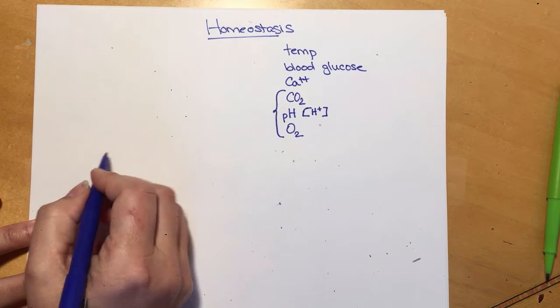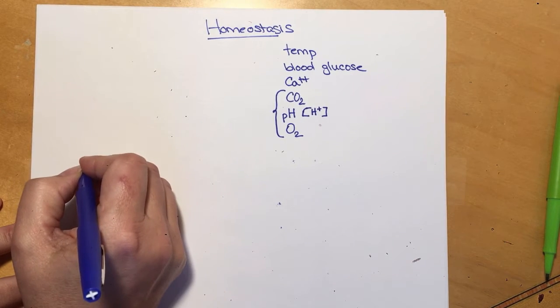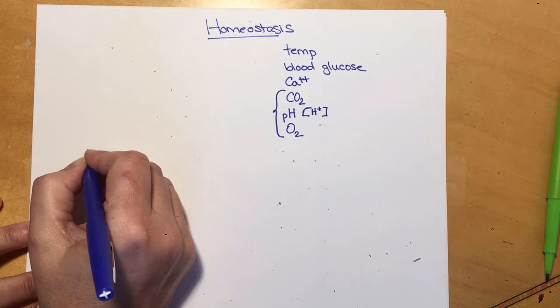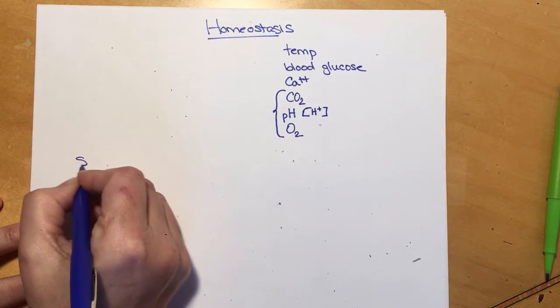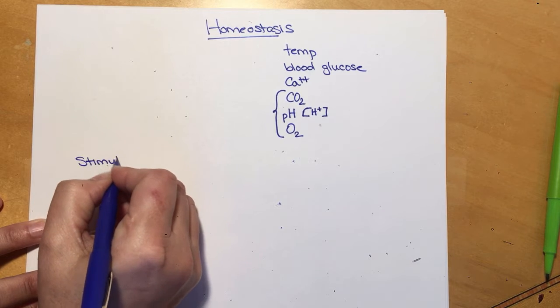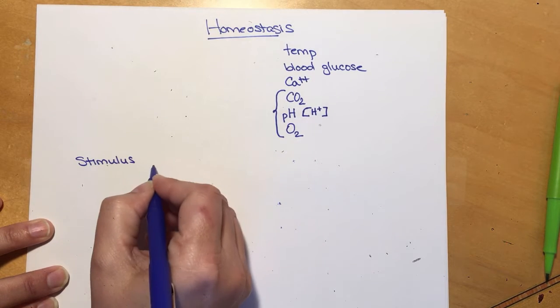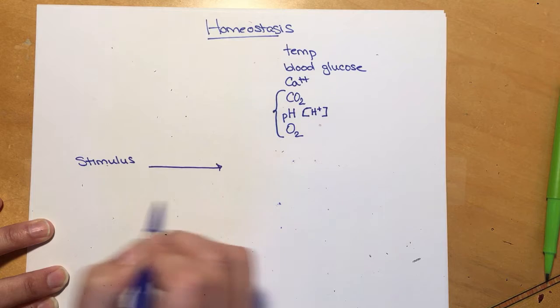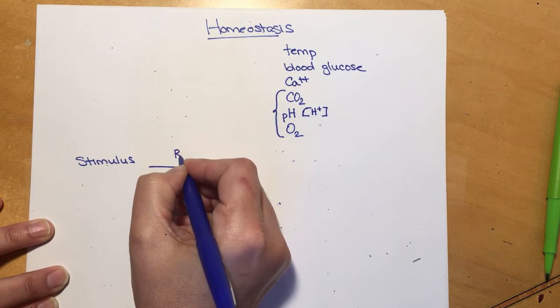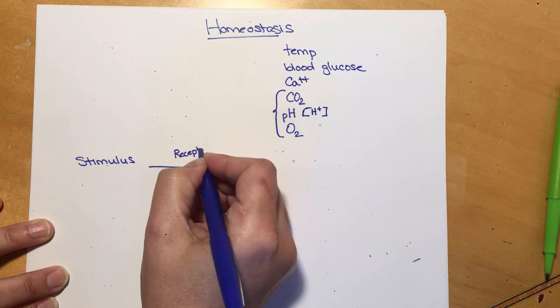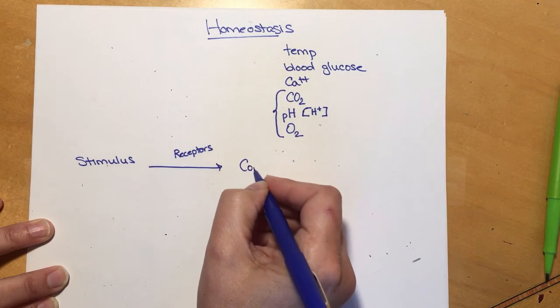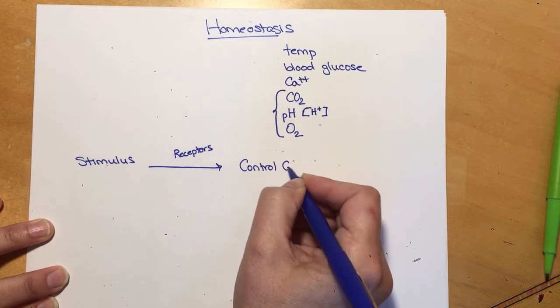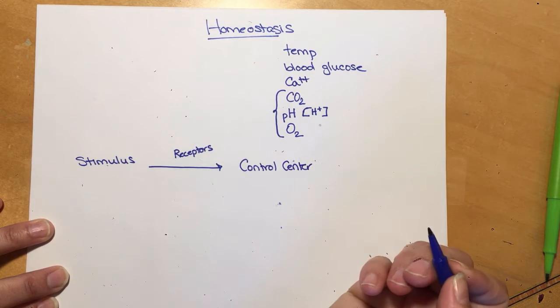Do you remember when we first started talking about homeostasis, we said there was something that would change. Say your temperature changed. That would be the stimulus, the thing that changed. That stimulus was going to be picked up by receptors. So the change would be brought to the attention of the control center by the receptors.